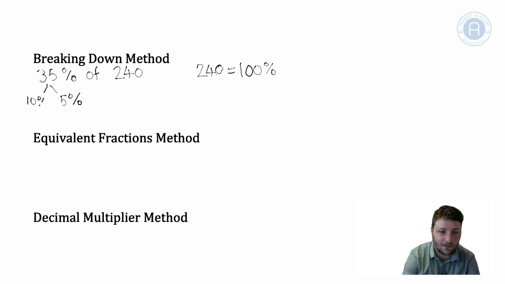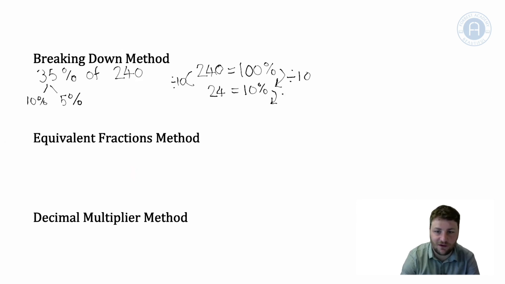And if I've got 240 is 100%, if I divide both of those by 10, we find that 24 must equal 10%. If I divide that by 2, we can get 12 is equal to 5%.